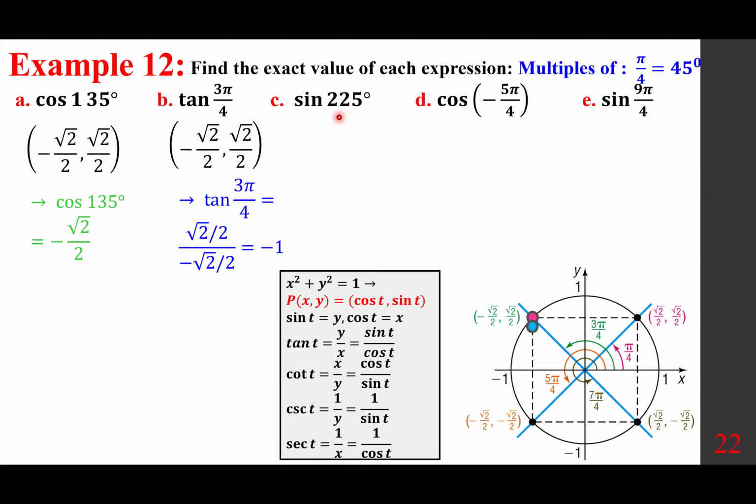Sine of 225 degrees. That's 5 pi over 4. 225 degrees, 5 pi over 4. Here are the coordinates. Sine and cosine are identical. Both of them are negative square root of 2 over 2.